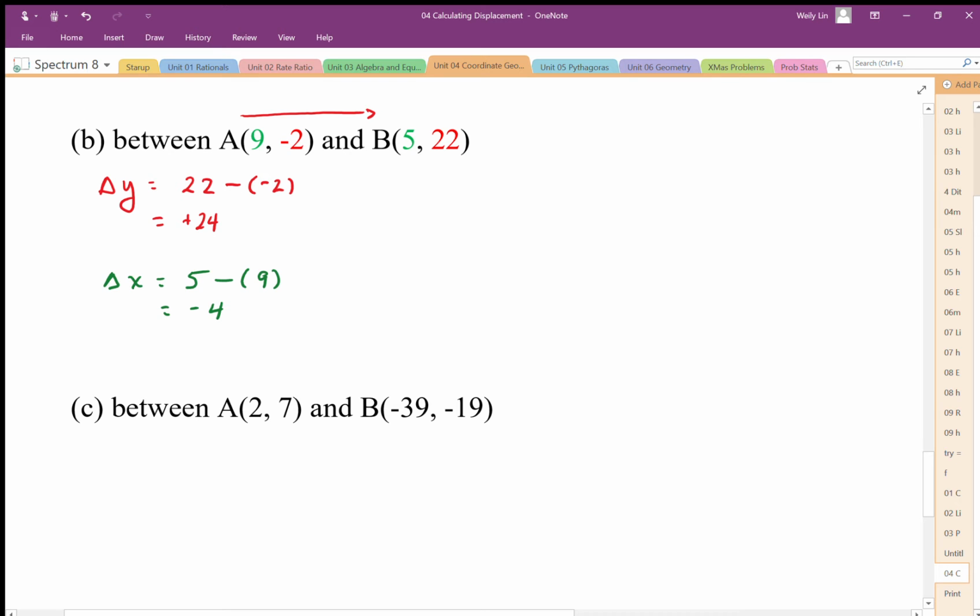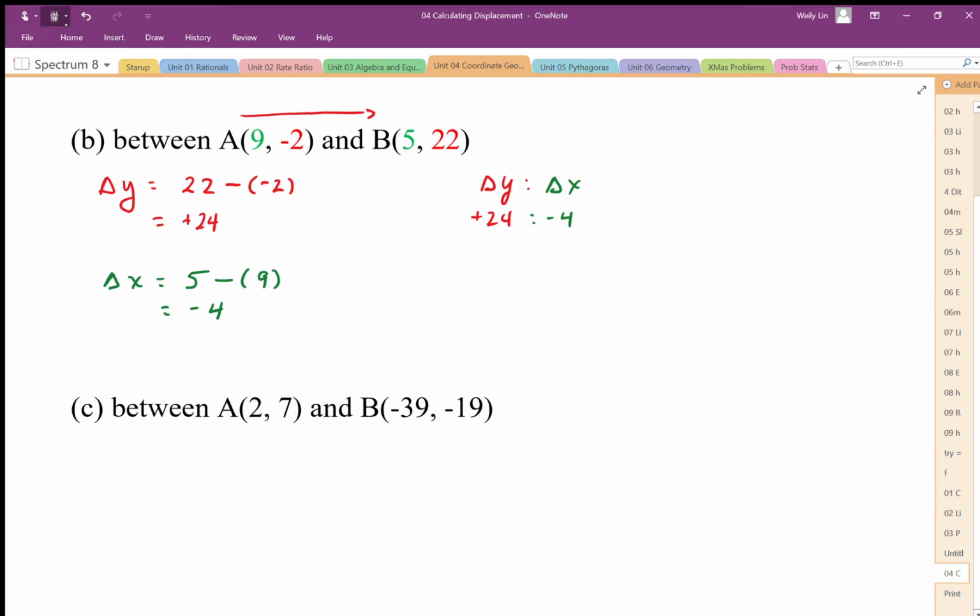So now we can start talking about the ratio of change as well. So when we talk about the ratio of change of y to the change in x, we can say that the change is going to be positive 24 to negative 4. And if we want, we can simplify that ratio.